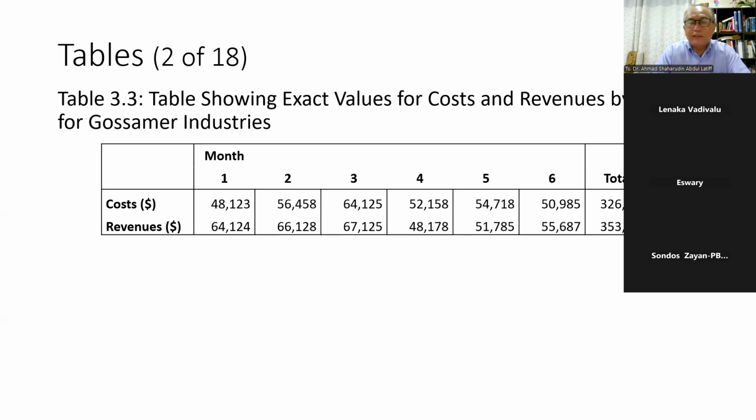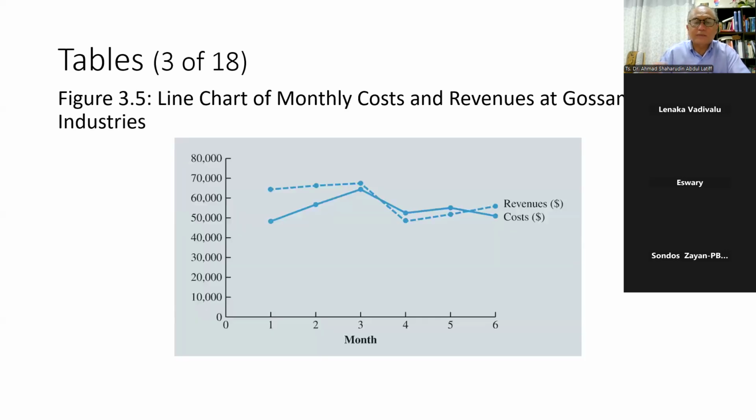There are situations here where the company is making a loss, where the revenue is lower than the cost. Where is the revenue lower than the cost? You need to look in detail, but you cannot actually see it. It is easier for you to see here. You can compare the revenue to the cost.